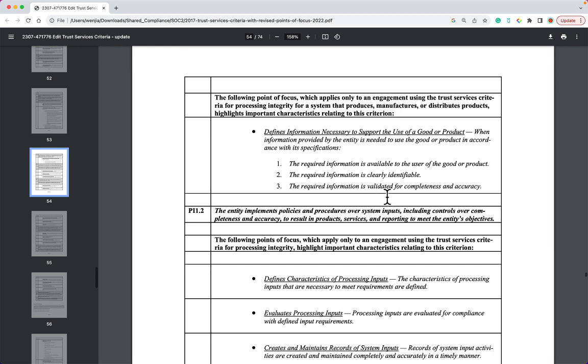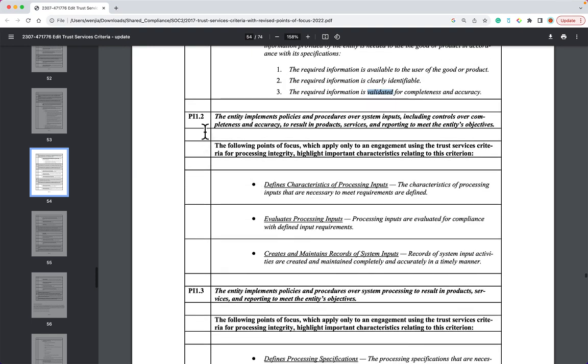The required information is valid. So to make a product or a certain kind of good, you have some information required. You need to define what is necessary to use very clearly. You need to make it available, and say what kind of data it is, and you need to make sure you are using the right data too.